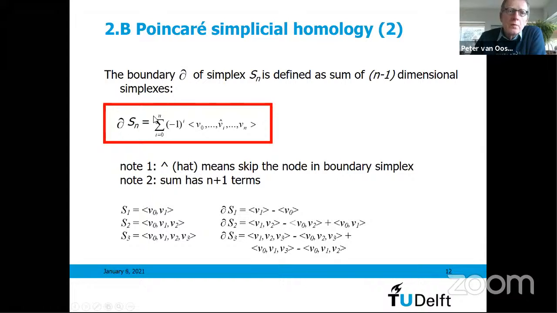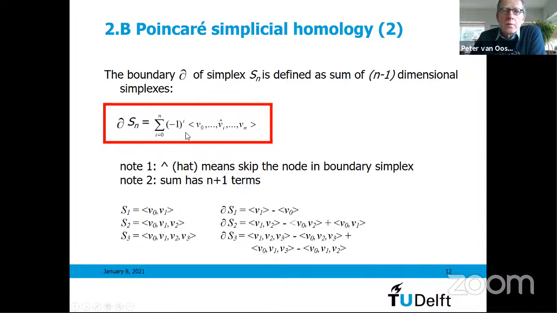So the boundary of the simplex is defined by the sum from i is 0 to n. That means n plus 1 elements, with a list of vertices where one is omitted, and the vertex that is omitted is indicated with the hat symbol, and that one is skipped.